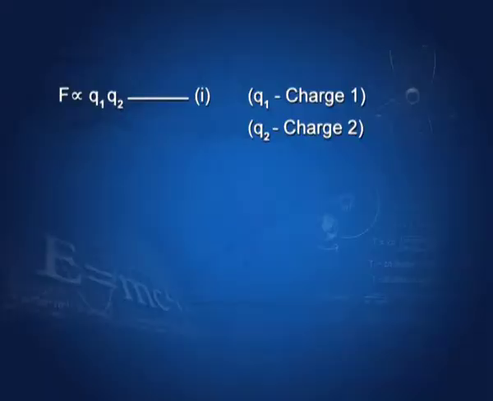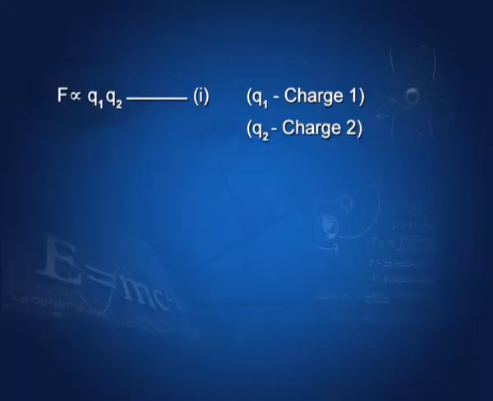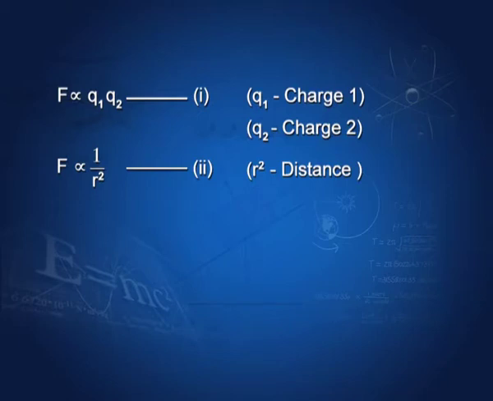So what we have got is that F, the Coulomb force, is proportional to the magnitude of the two charges, where q1 is the magnitude of charge 1 and q2 is the magnitude of charge 2. Also, the force F is inversely proportional to the square of the distance between the two charges. Here r square is the square of the distance between the two charges.